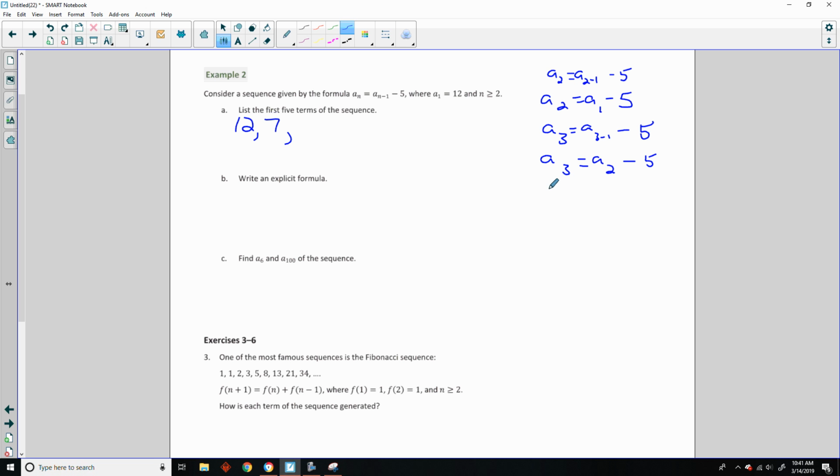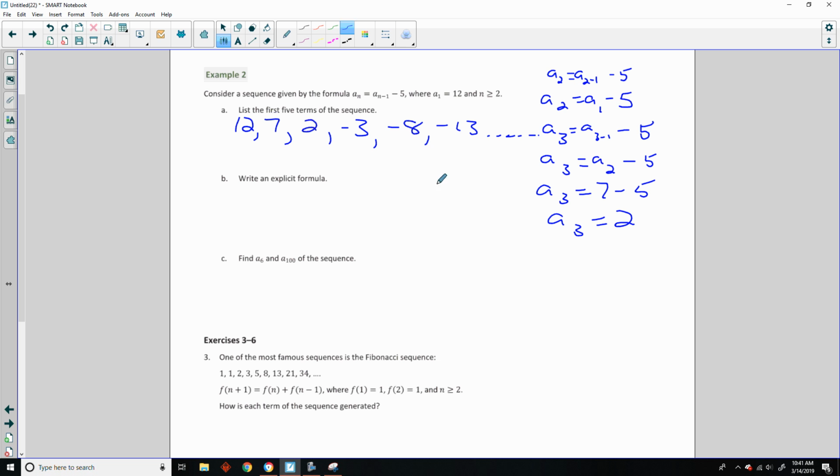My second term is 7, so 7 minus 5, and my third term equals 2. Once we get a feel for this, we find our common difference. Then 2 minus 5 is negative 3, negative 8, negative 13, and so on.